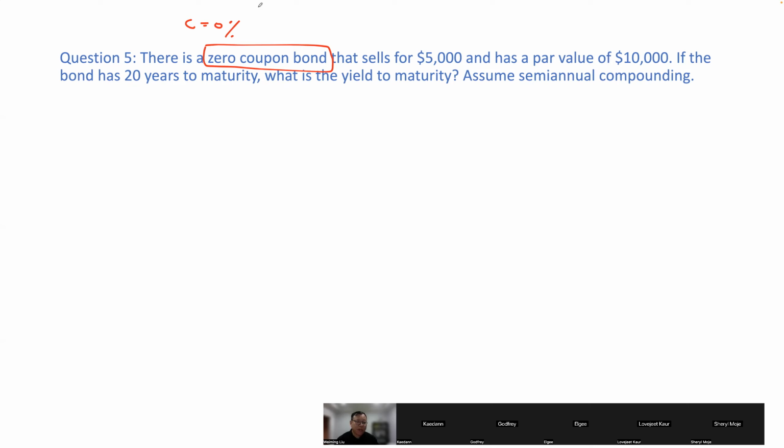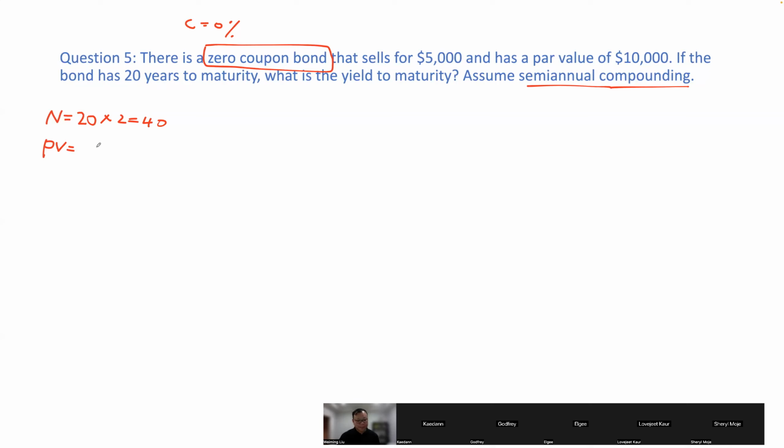So there are two ways to do this. First, let's still use the financial calculator. Tell me what's my N? Semi-annual compounding. What's my N? 40. Thank you. So 20 times 2, 40. What is my present value? Yes, Godfrey. There's no interest payment.